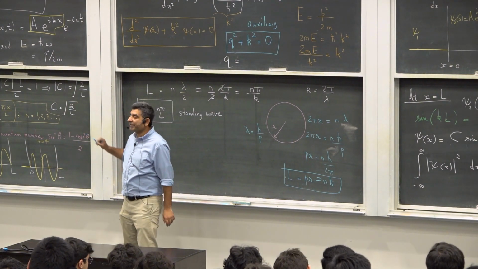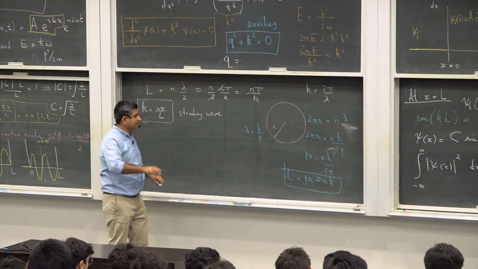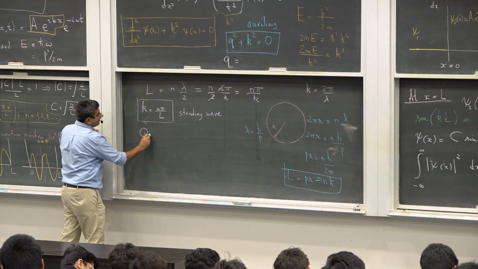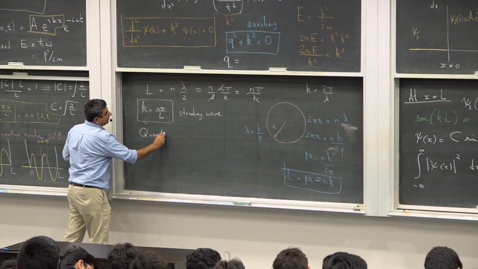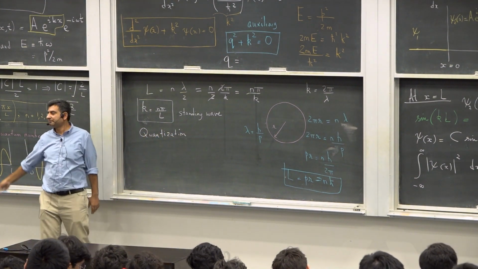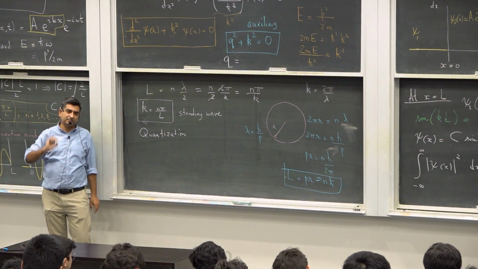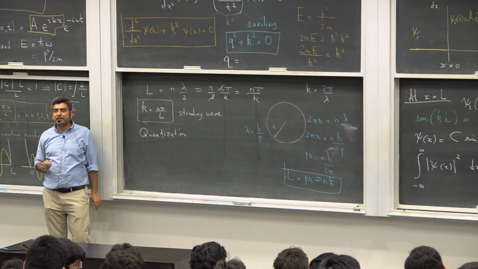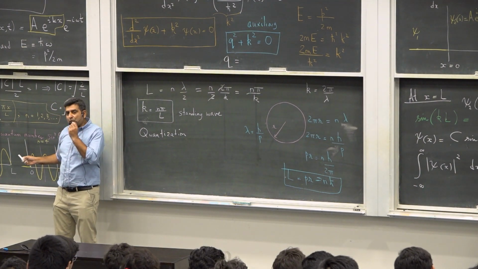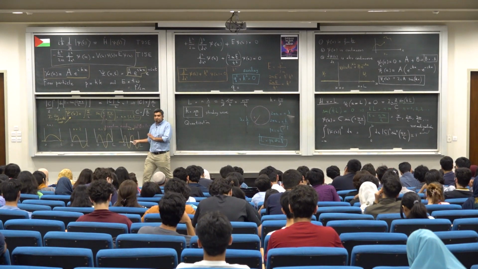But what is quantized here? Let's look at this word quantization. What is quantized here in this example? It must be the energy. So only precise patterns are admitted for the wave function.